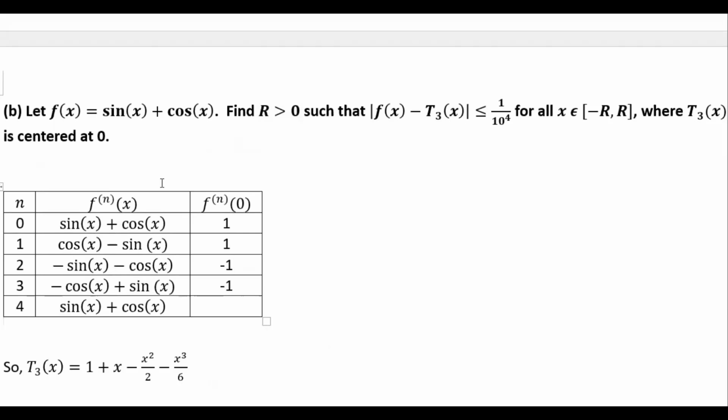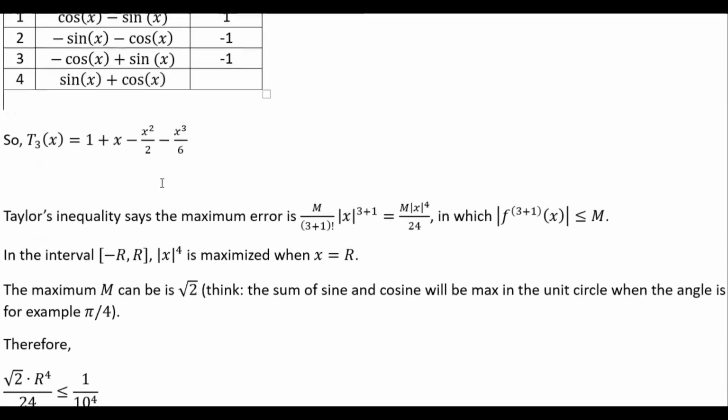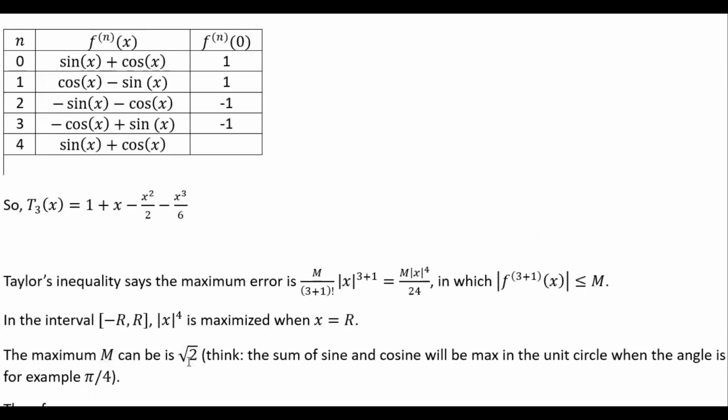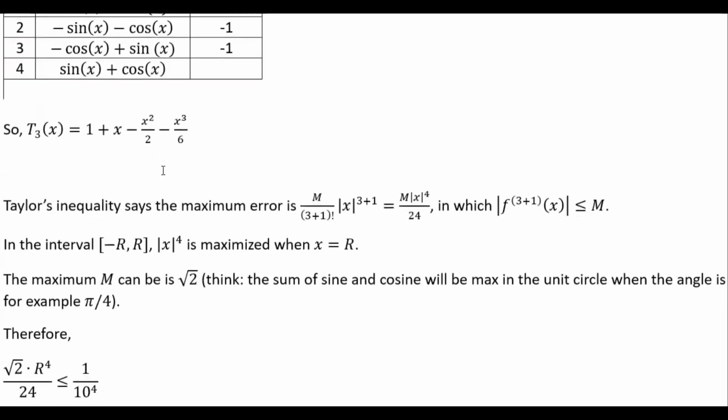Okay, this is why this is not really a good problem. But we've got to consider that M will be at most square root of 2, no matter what the x is, because these curves are periodic. Hopefully that made sense.